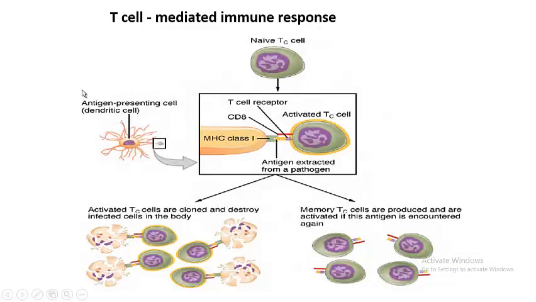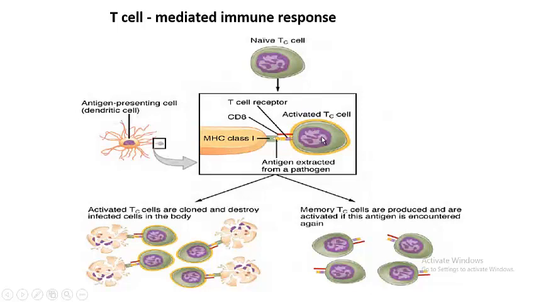This is finally the mature T cells, and how they react to antigens. The antigen presenting cell brings the foreign particles, and the CD8 cytotoxic T cells come and attach to the foreign particles.